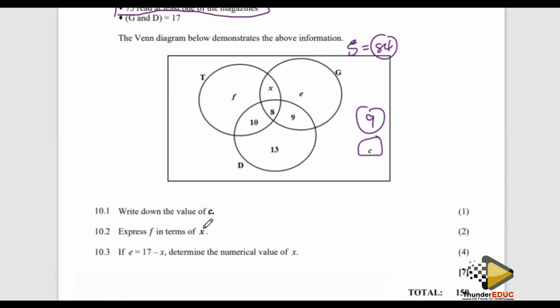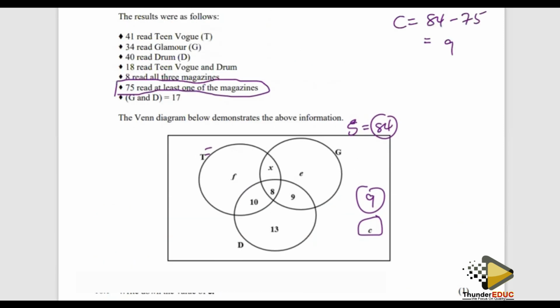Then express F in terms of x. This is F. How many read the Teen? So Teen is 41. So this set is equal to 41. For us to get F, we subtract everything within this circle.